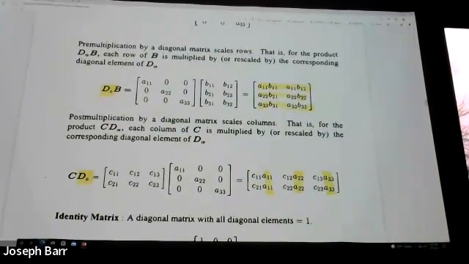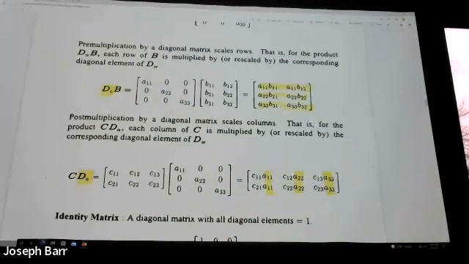Okay, so suppose we have a B matrix here. Okay, so we have a 3 by 2 matrix. If you have a diagonal matrix D, you don't need to just follow that way. Of course, if you use the definition to calculate the product, it's good. But there's a shortcut.